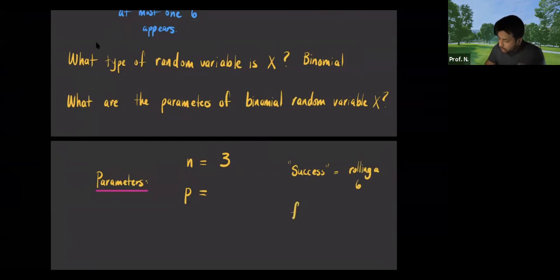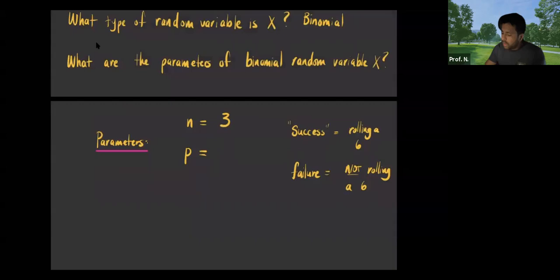So what's going to be my failure? My failure is not rolling a 6. If I don't roll a 6, then what am I rolling? A 1, a 2, a 3, a 4, or a 5. That's what that means, right? So this is my failure, and this is my success. That's how I defined it.